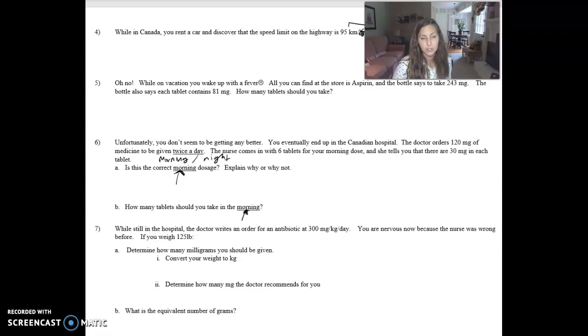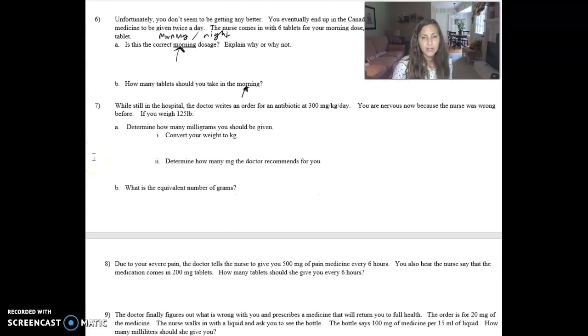Again, this is asking you about your morning dosage. Number 7, while you're in the hospital, your doctor writes an order for an antibiotic, which is 300 milligrams per kilogram per day. You're nervous because they've been wrong in the past. You need to convert your weight to kilograms. Now, your weight was given in pounds. I probably would set this up pounds to kilograms, and then on the other side, I'm going to have pounds to kilograms as well.